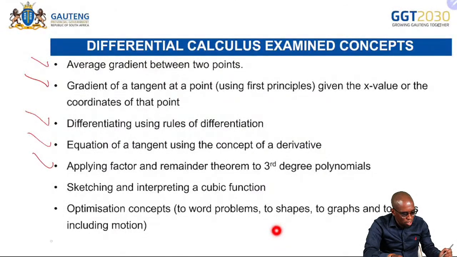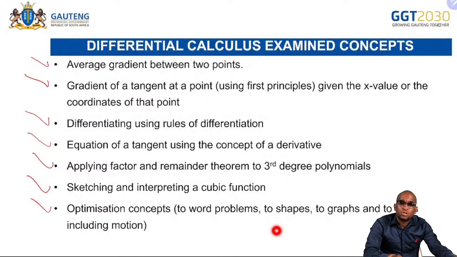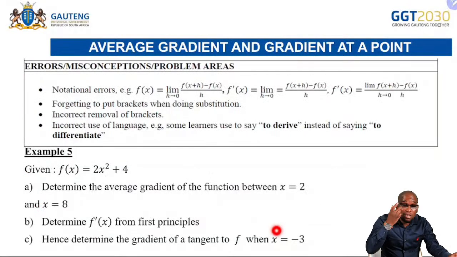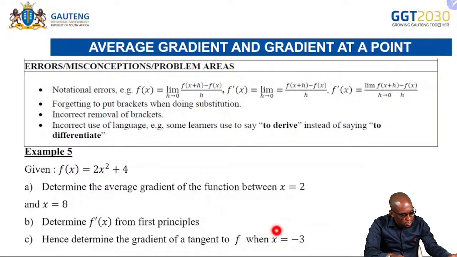You need to know how to apply the factor and remainder theorem when solving third-degree polynomials. You need to know how to sketch and interpret cubic functions. You also need to know how to deal with optimization problems, which can be divided into word problems, shapes, graphs, motion, etc. Right, let's start with the average gradient.